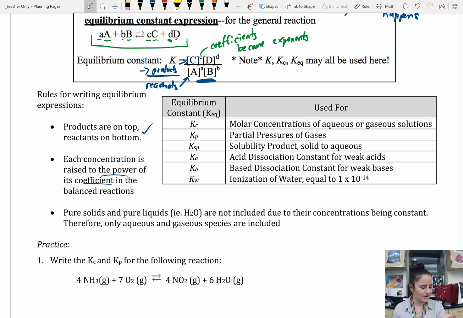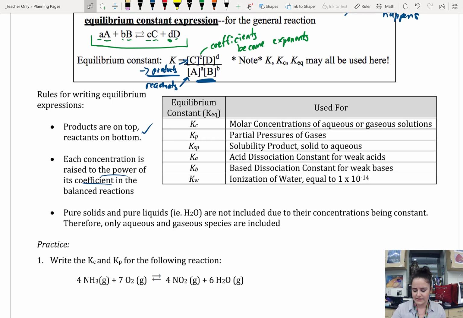How do you talk about the concentration of salt in a spoonful of salt? It just doesn't quite make sense. Really, we say their concentrations are about 1, and we just do not include them in the equilibrium expression. Their concentrations will be pretty constant. We only include the aqueous and the gaseous species.